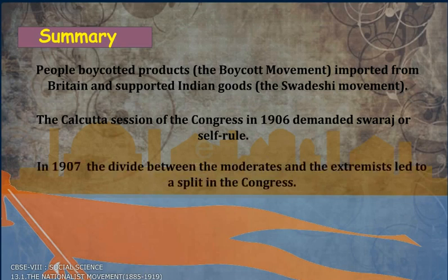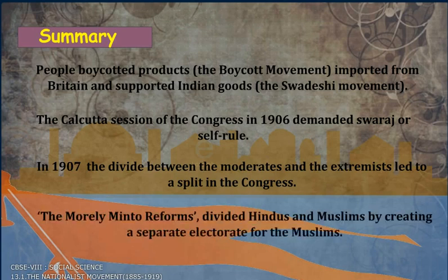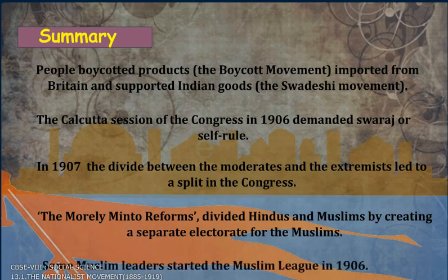In 1907, the divide between moderates and extremists led to a split in the Congress. The Morley-Minto reforms divided Hindus and Muslims by creating a separate electorate for the Muslims. Some Muslim leaders started the Muslim League in 1906.